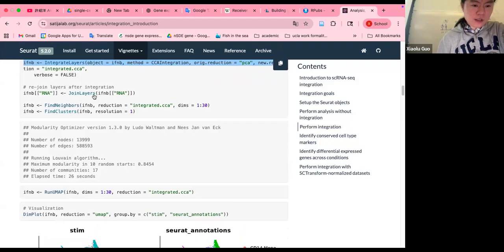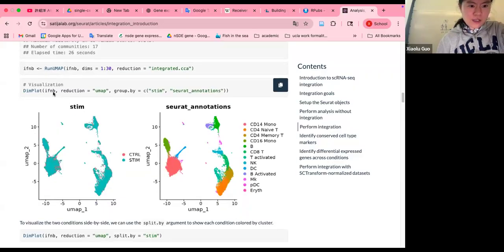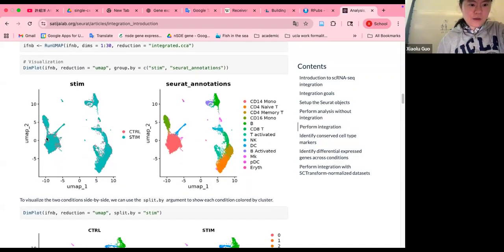This is basically the data integration code, and you can see after you integrate them, they are overlapping pretty well. So it potentially removes the batch effects based on the algorithm. And so this is control, this is stimulated, and now you can compare them after data integration.